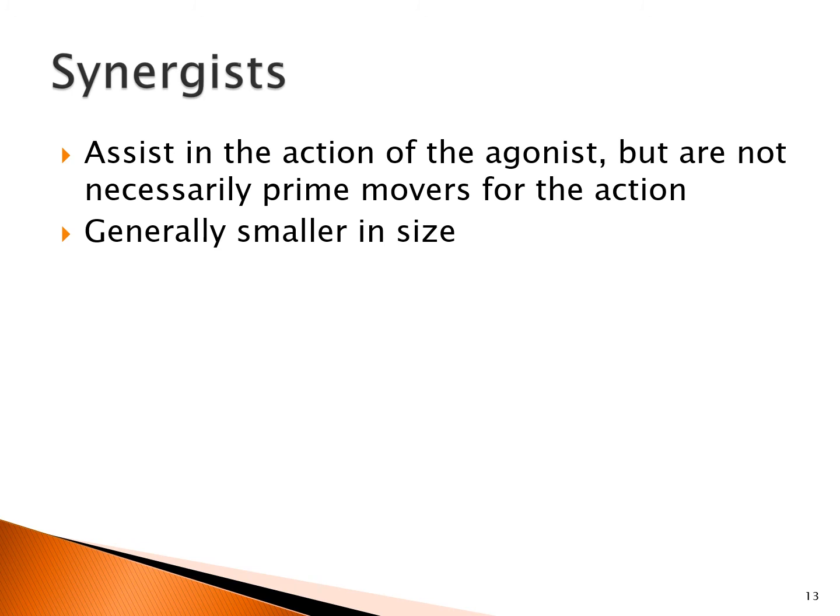Okay, synergists are going to assist the action of the agonist, but are not necessarily primary movers for that action. So again, these are helper muscles, and they're generally going to be smaller in size when compared to the primary mover or the agonist. We already gave the example of pull-ups, but let's go back to our example of elbow flexion, and we said the major mover was biceps brachii.